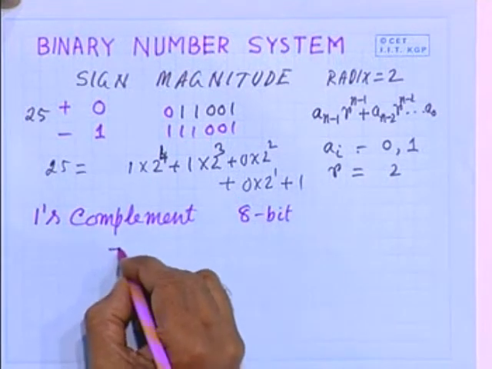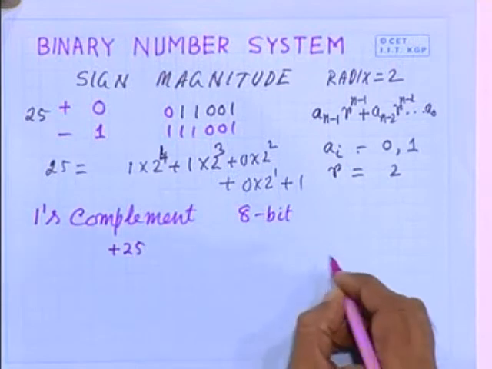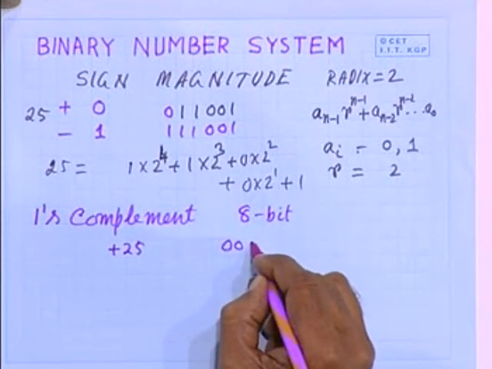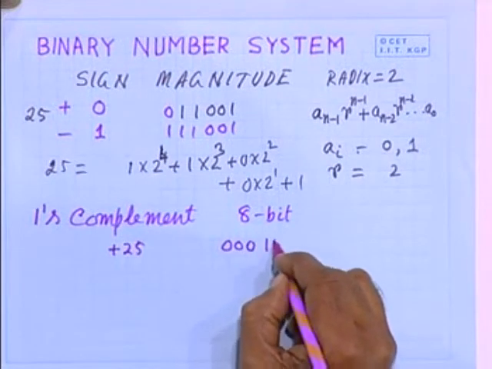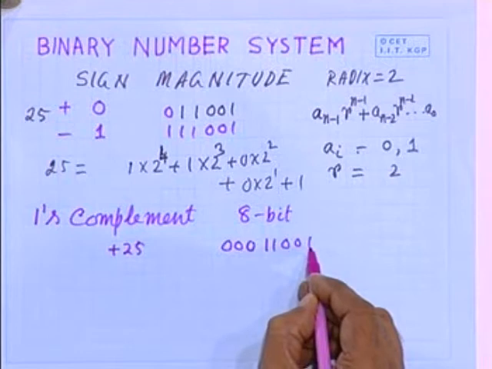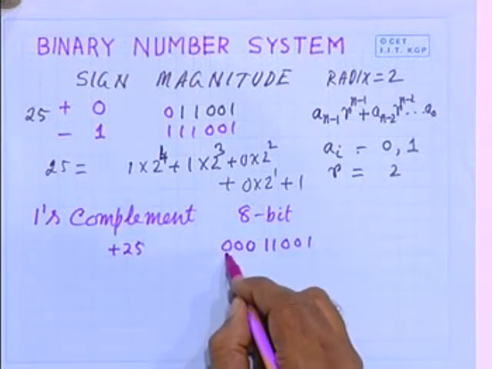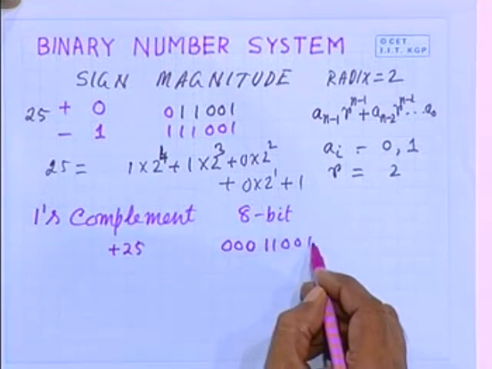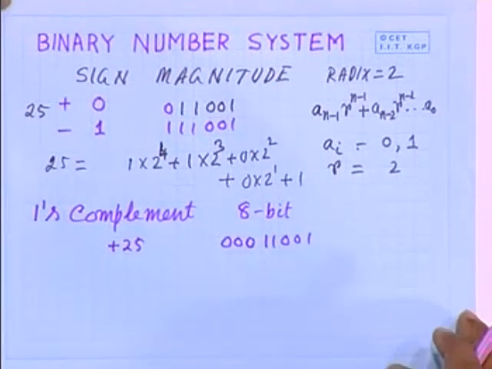So plus 25 in ones complement form is represented by 0 0 0 1 1 0 0 1. So altogether it is 8-bit. Here this is the sign bit, and these are the value or the magnitude of that integer number.